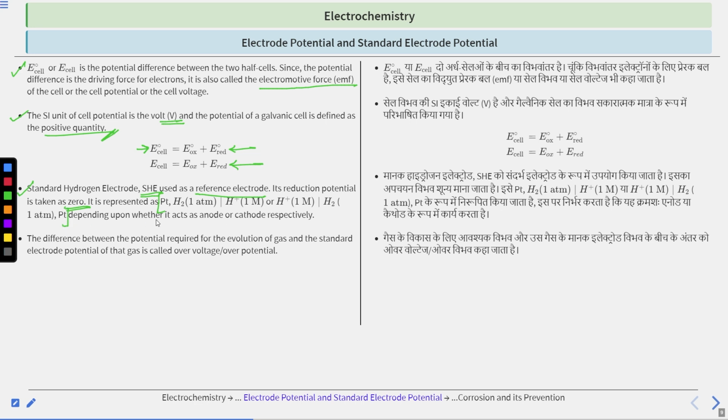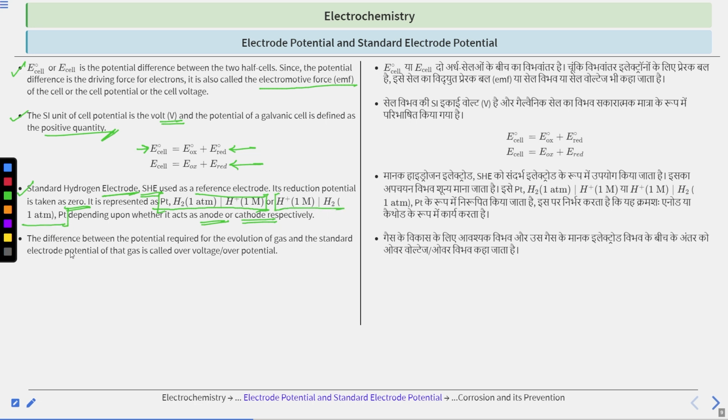So you can represent the standard hydrogen electrode by either pattern, depending upon whether it acts as anode or cathode respectively. If the standard hydrogen electrode is acting as an anode in the circuit, then we use the first representation, and if it is acting as a cathode, then we use the second representation.